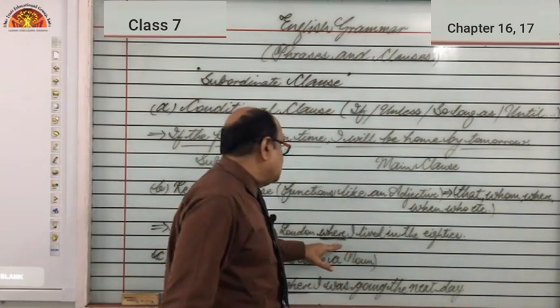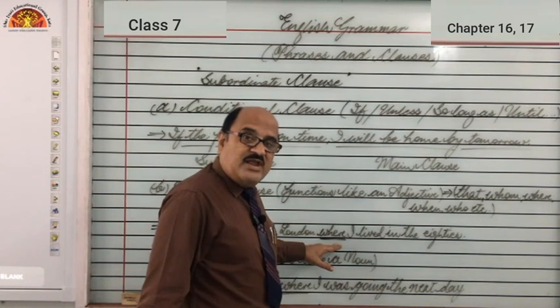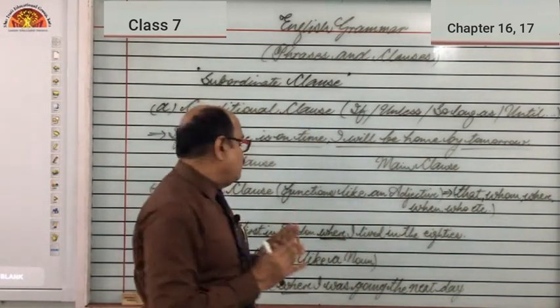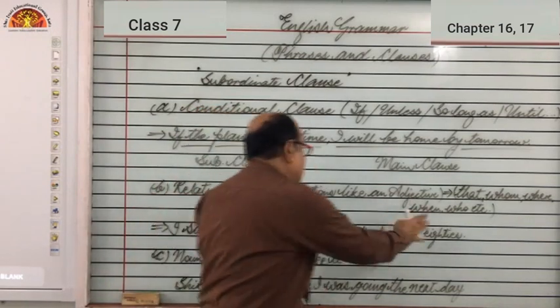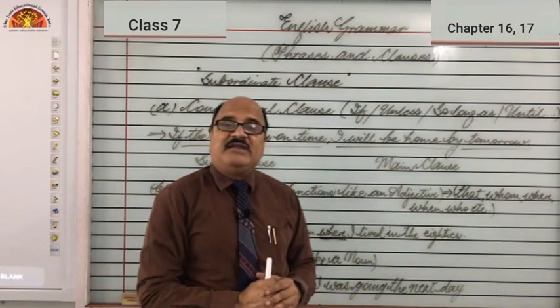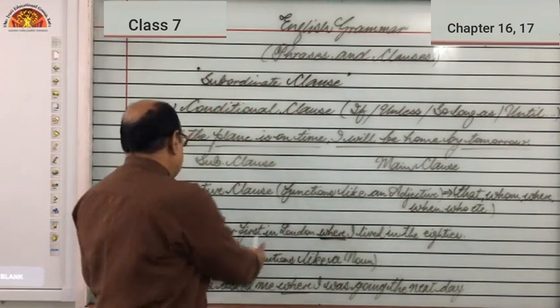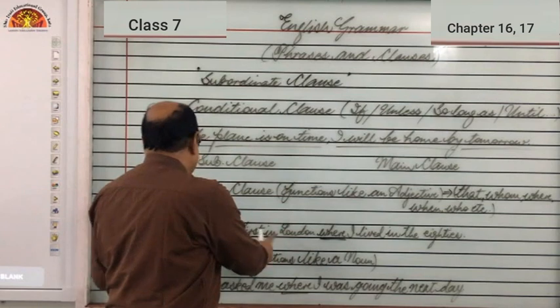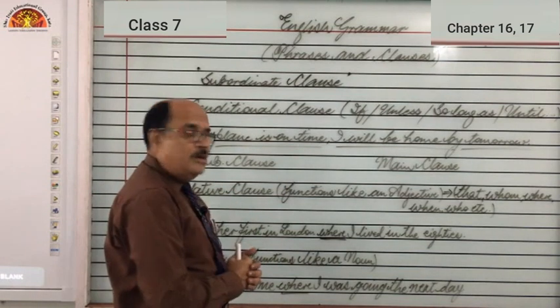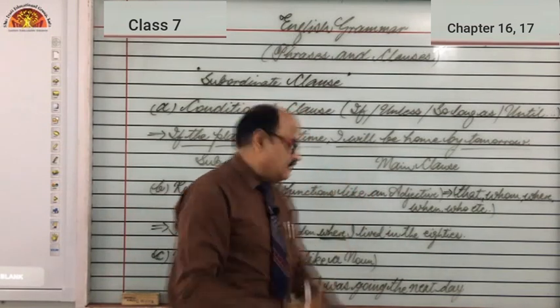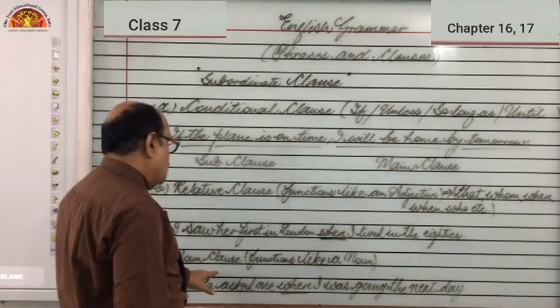So this is a relative pronoun, and this part of the sentence begins with where. In itself, where I lived in the 80s, this is not complete. So we can say this is a subordinate clause, and this is the main clause, I saw her in London. So main clause plus subordinate clause. Got it? Next one, noun clause.